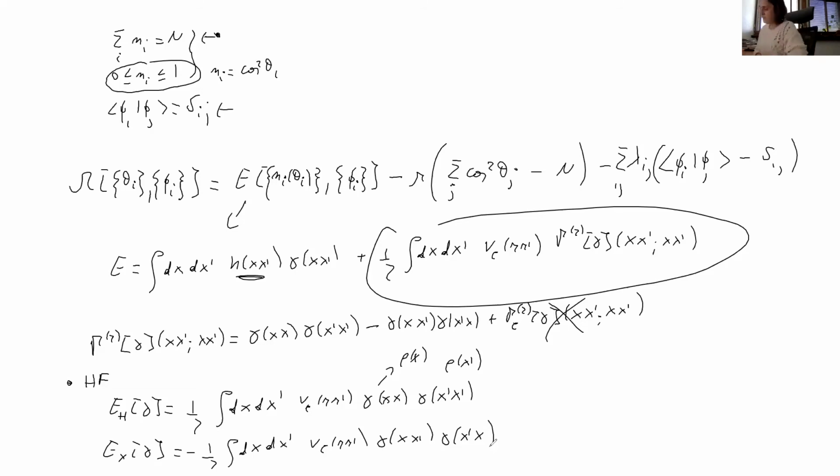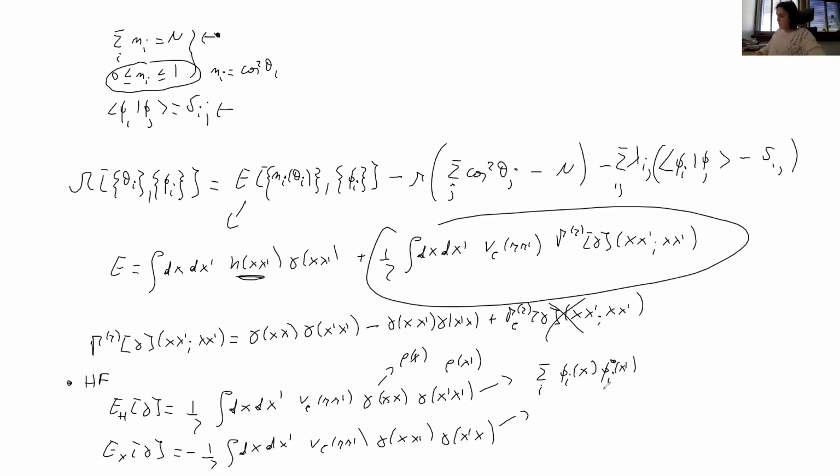And if you cannot recognize your Hartree-Fock total energy, it's enough for you to plug here and here the spectral representation of your gamma 1 when you have a Hartree-Fock wave function, which is a Slater determinant, okay? And therefore Ni is equal to 1 or 0, and therefore we can just write this.